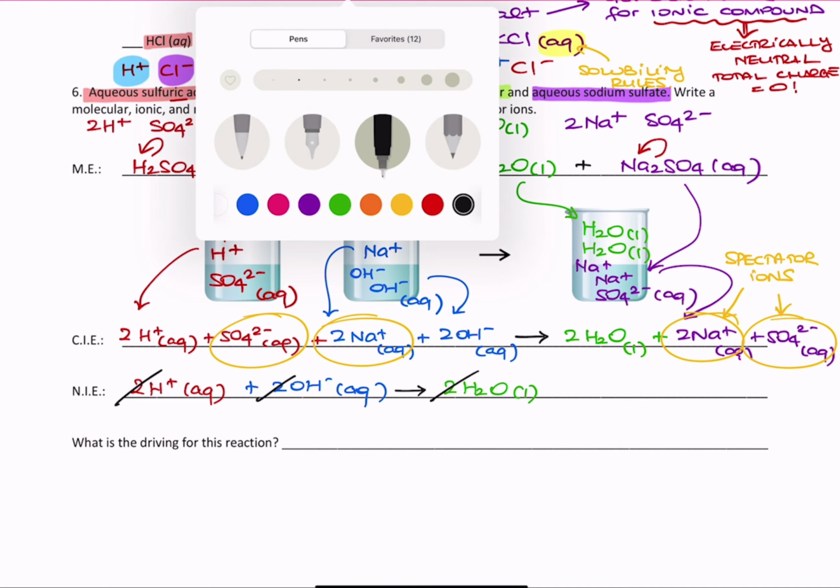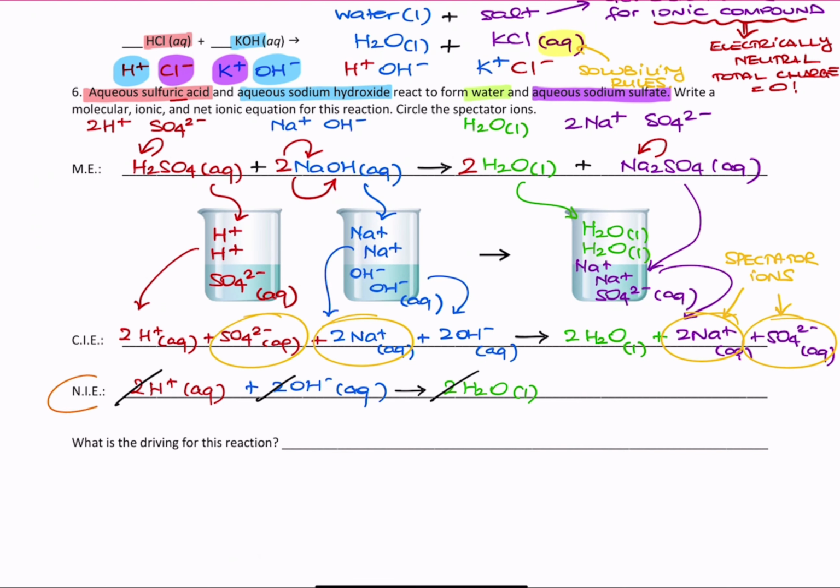Therefore, we now have a net ionic equation that is H plus aqueous plus OH minus aqueous gives H2O liquid.